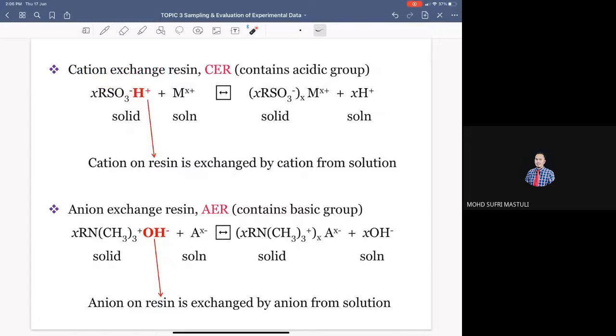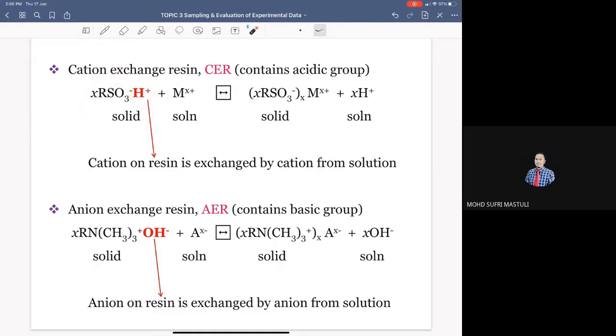So the cation exchange resin will be exchanged with the cation from the solution. This is a resin, a solid resin, containing cation, normally H plus.